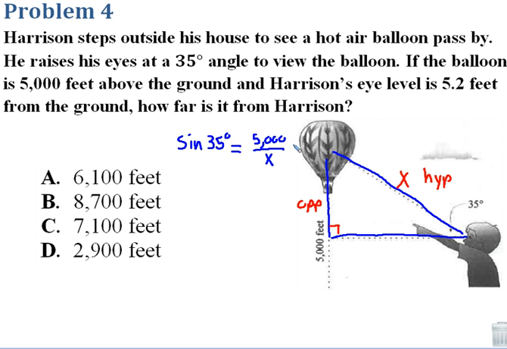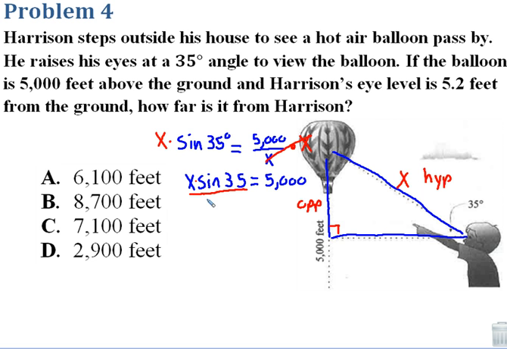X is on the bottom, so first thing I'm going to do is get rid of my fraction. I'm going to multiply both sides of that equation by x. That'll cancel out my division and leave me with x sine 35 is equal to 5,000. Okay, then last step to get x by itself, we need to undo this multiplication.